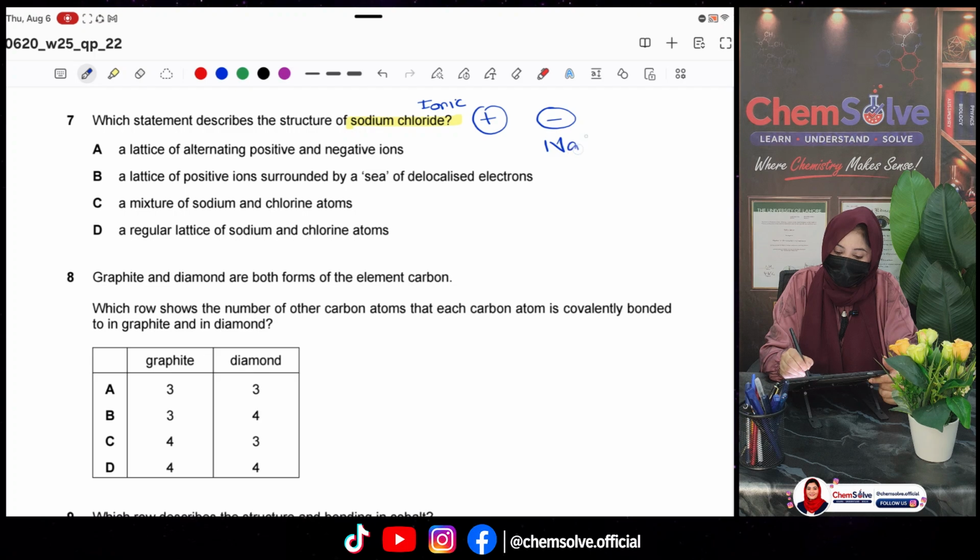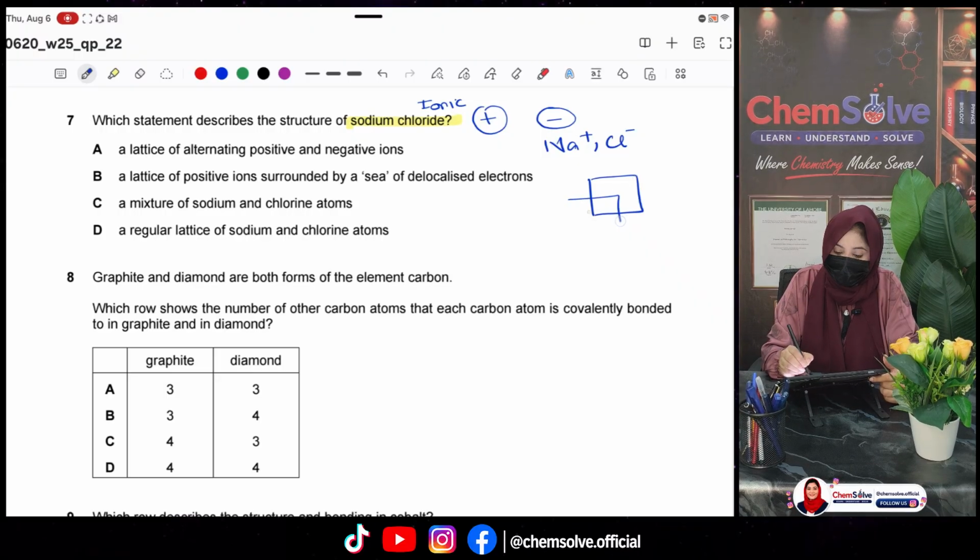So we have Na positive and Cl negative, and they are arranged at regular intervals in a crystal lattice.